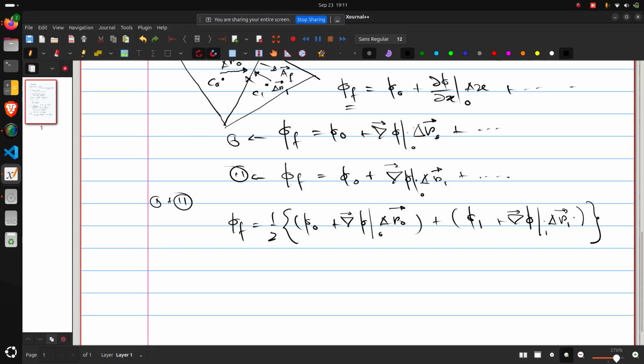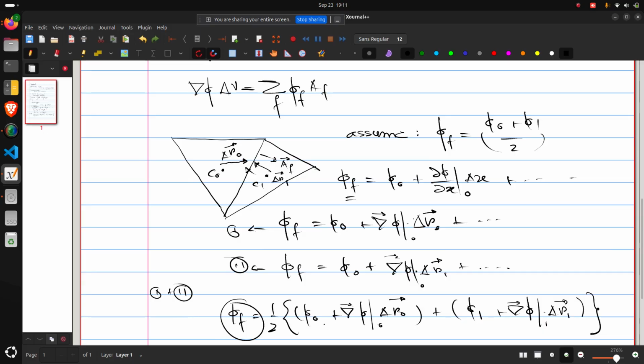Now that we have this form, we can replace the phi f. Here we got the value of phi f as a representation of this. We can just plug the same thing in this equation, right?